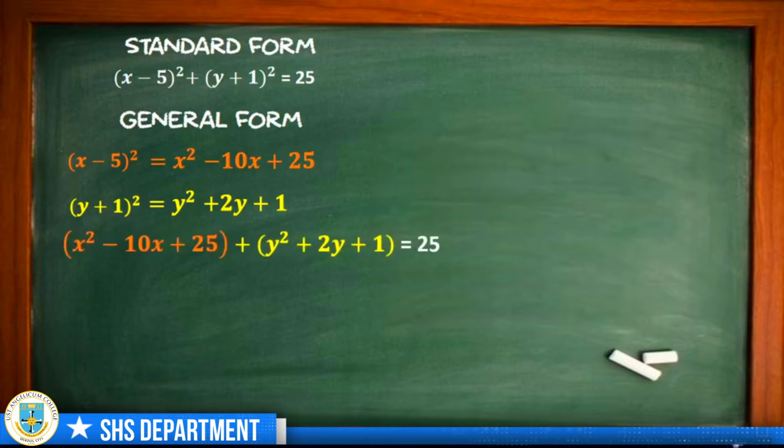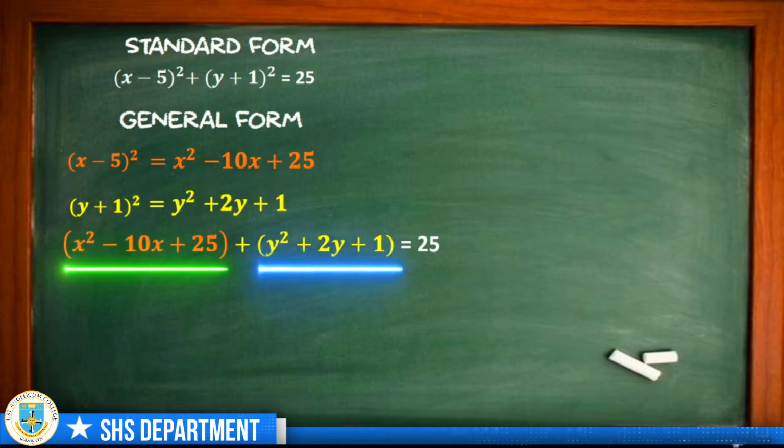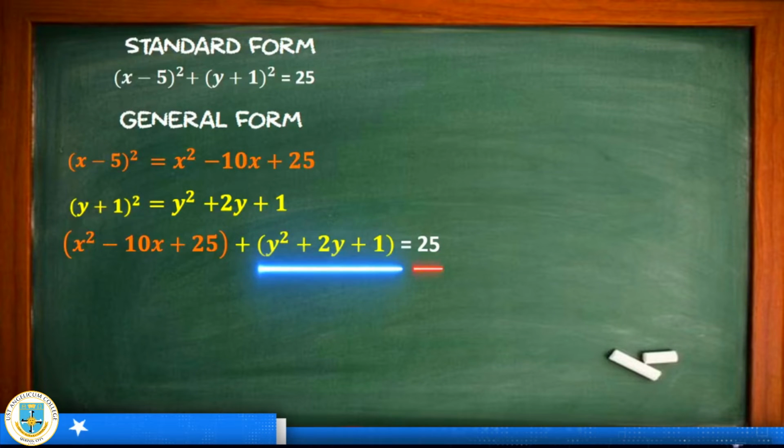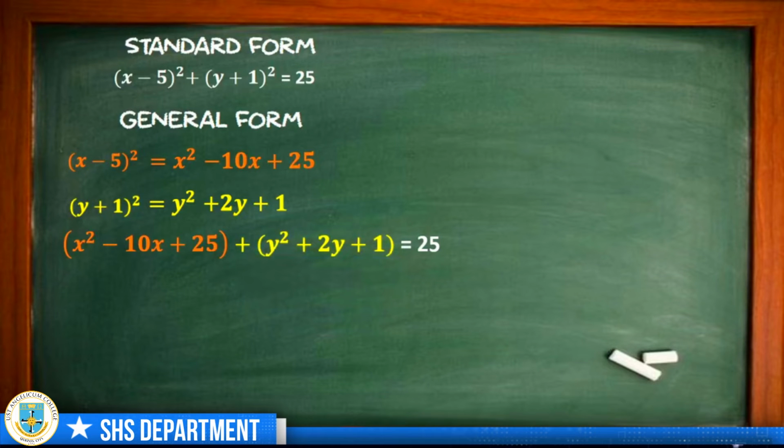Okay, next step is for us to combine the results. So now we have x squared minus 10x plus 25 plus y squared plus 2y plus 1 is equal to the constant. So the constant is now on the other side, that is 25. Okay, so next we follow the format of the general form.